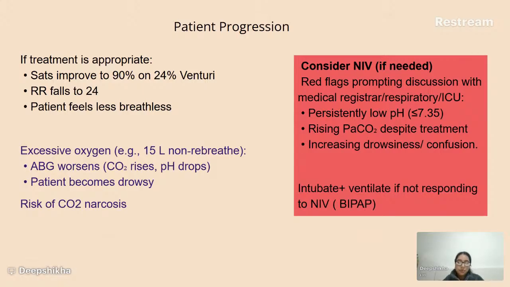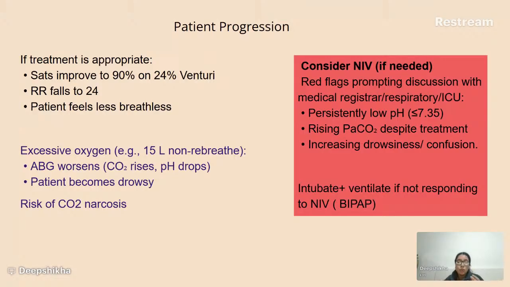When you want to consider NIV: if the patient doesn't continue to clinically improve, and you repeat the ABG and it's still showing pH less than 7.35 and the PCO2 is rising, or if they start to become more drowsy or confused, then you will have to escalate this, and the Venturi mask will have to be switched over to an NIV mask.